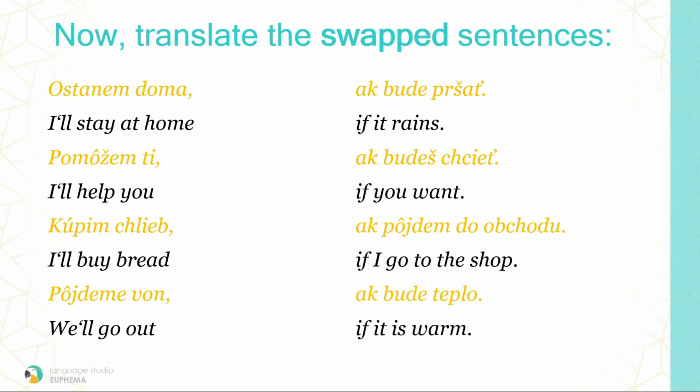If it's warm. So, the swapped sentences: I'll stay at home if it rains. I'll help you if you want. I'll buy bread if I go to the shop. We'll go out if it is warm, or if it's warm. Okay? So will plus infinitive in the main clause and if plus present simple in the if clause.